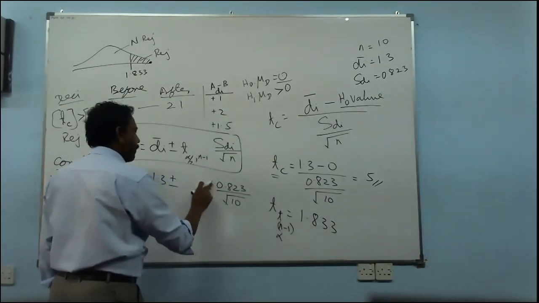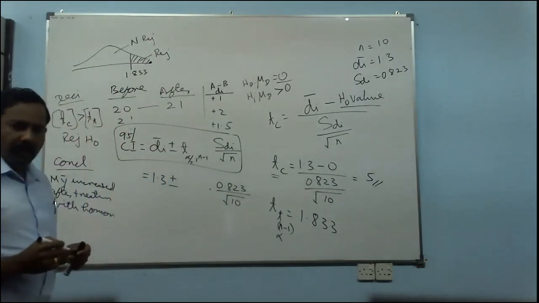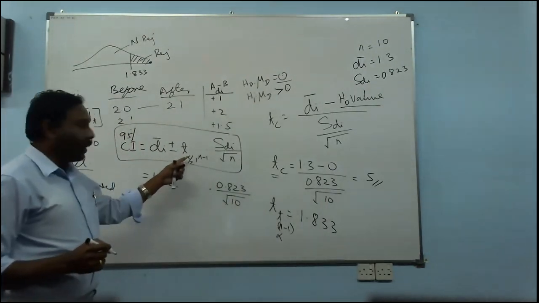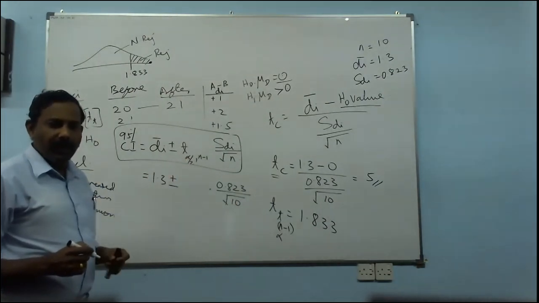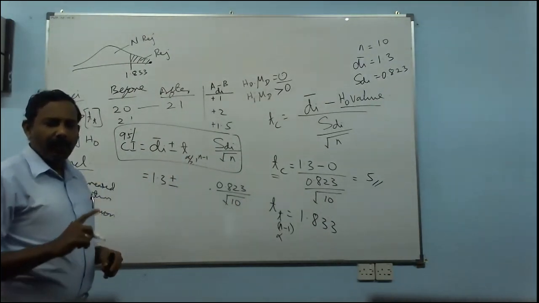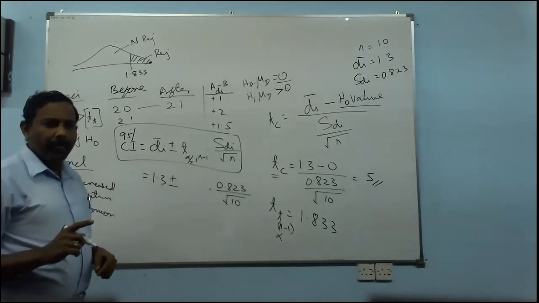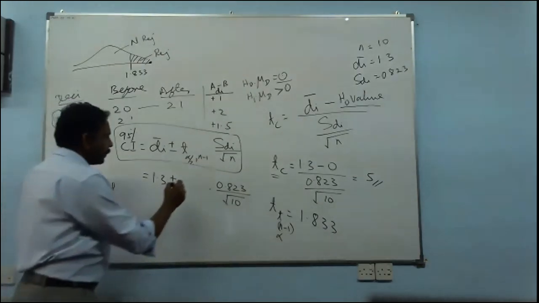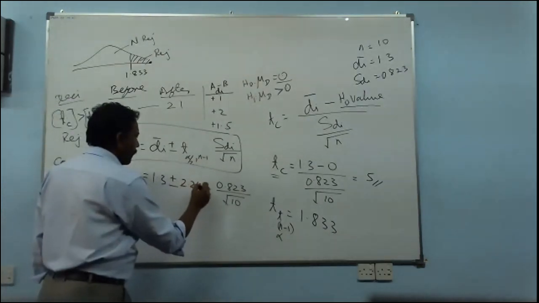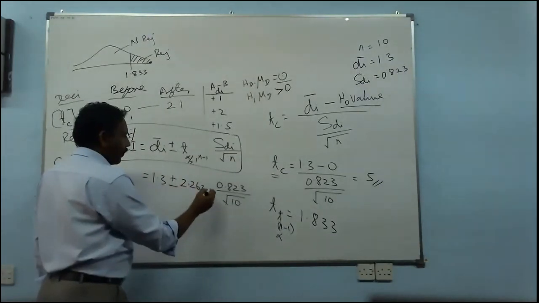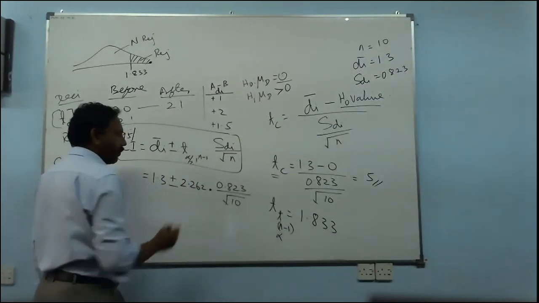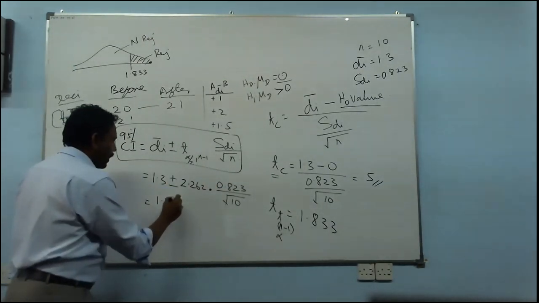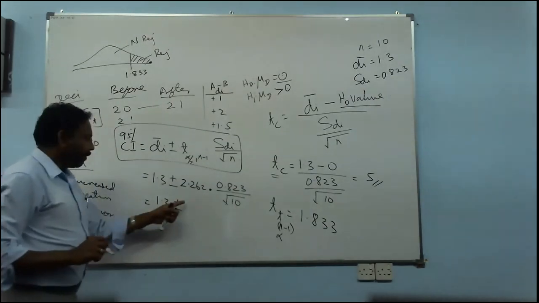If alpha is equal to 0.05, for degrees of freedom 9, what is the table value? 2.262. Yes. Right, 2.262 multiplied by this component. Can you tell me the answer? 1.3 plus or minus what?